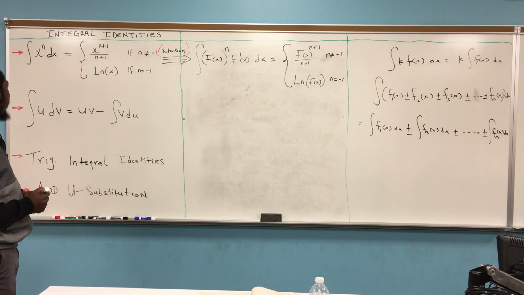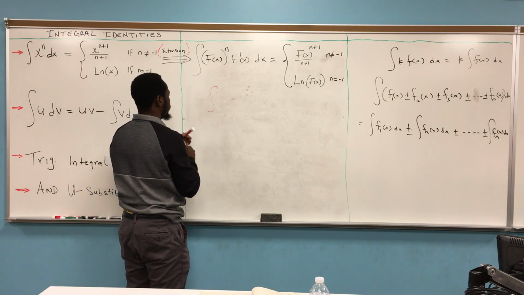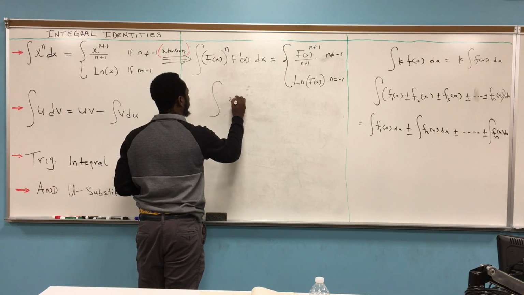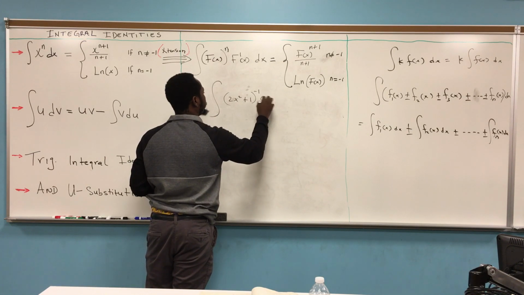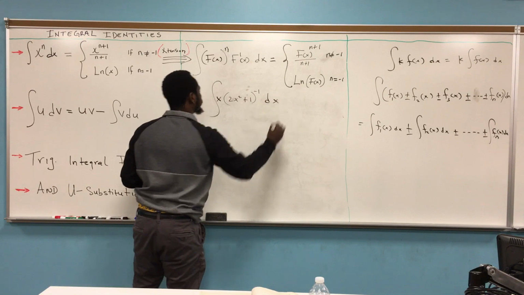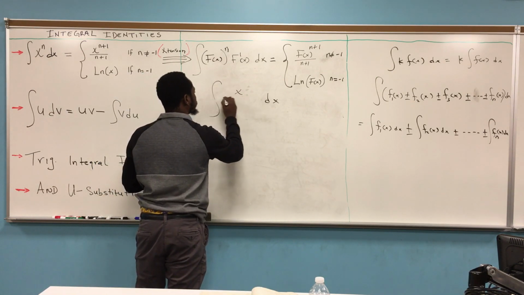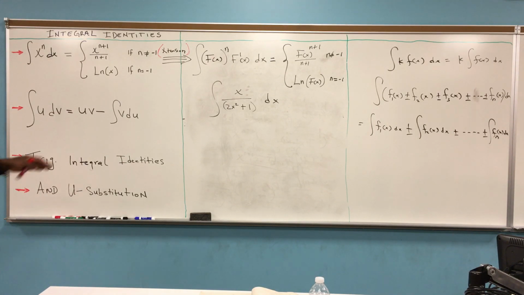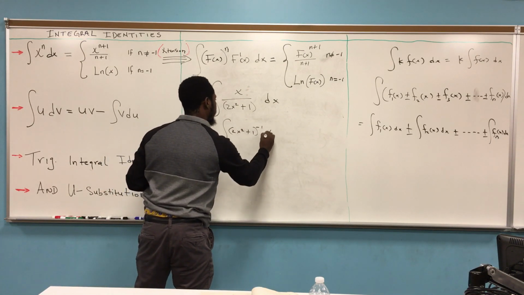So again, if you have the same question, I don't need to use the same question, but if you have an integral something like this, or x to the power 2x squared, something like this, I can rewrite this as 2x squared plus 1 to the negative 1 times x dx.